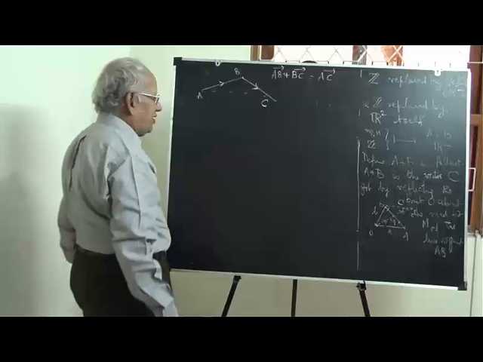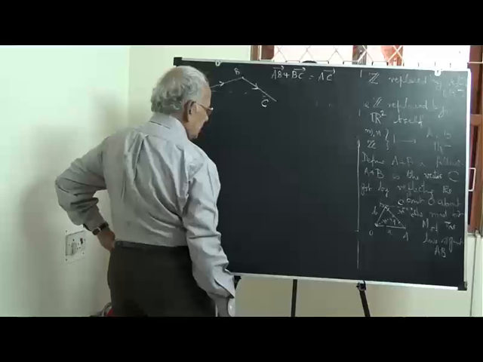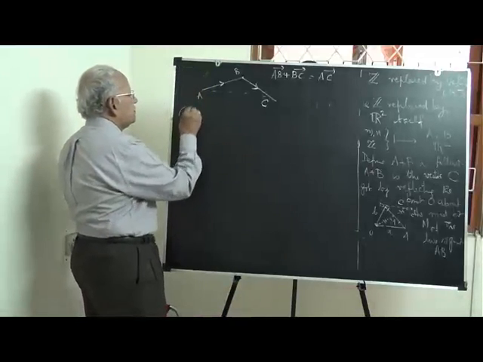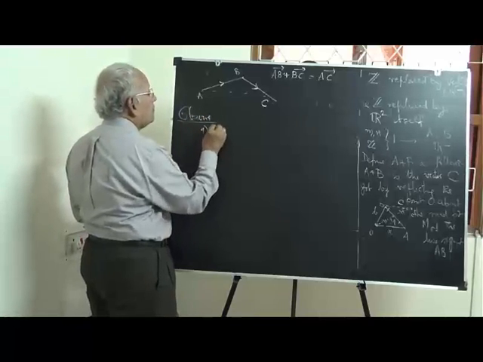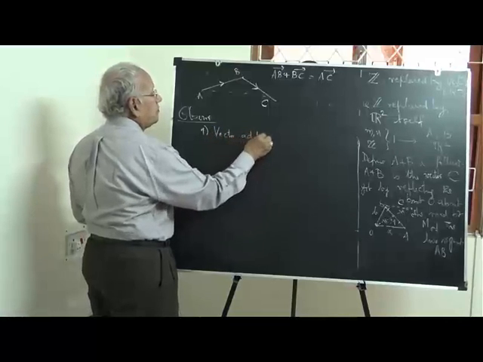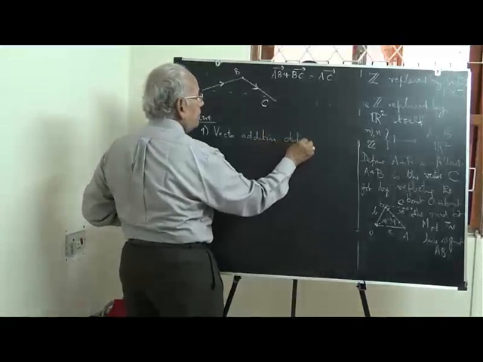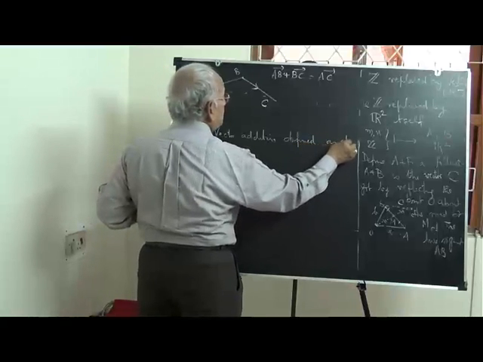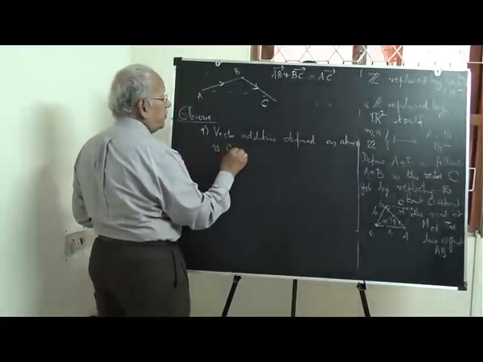Now, let me see. I'm going to say, observe, vector addition defined as above is commutative.